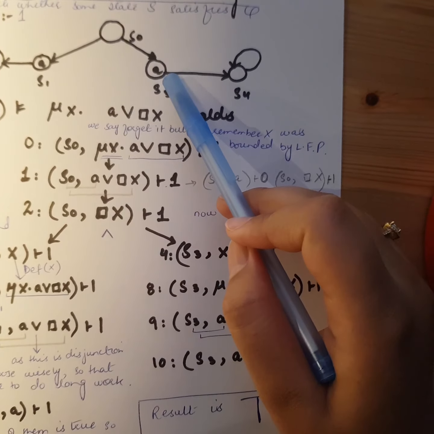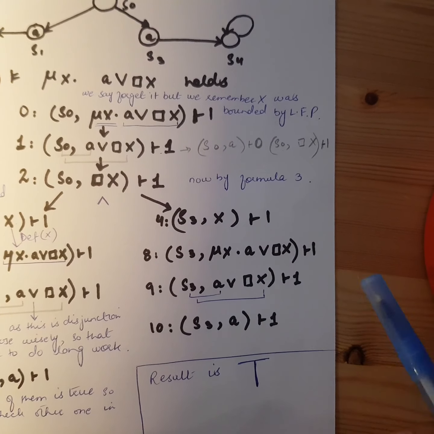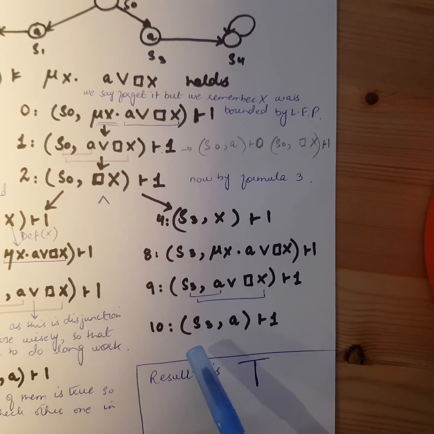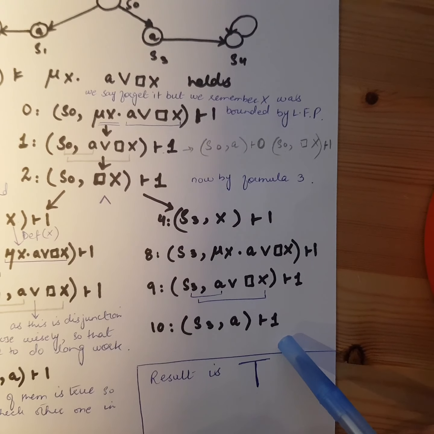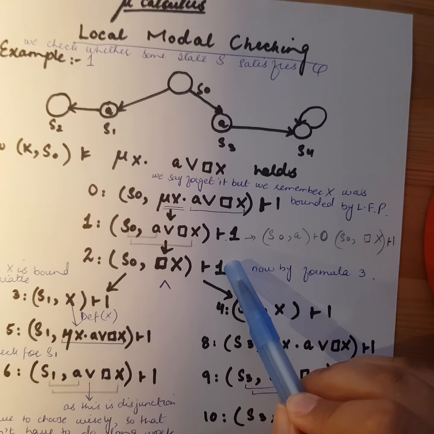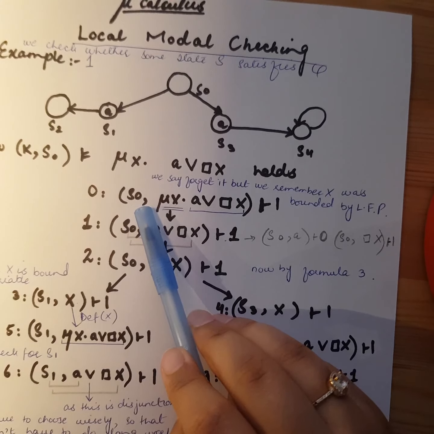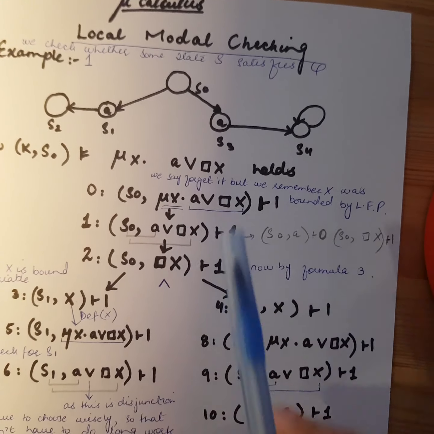S3 has an a inside, so we don't have to check S3 and ◇x. We already have a true, so S3 and a, the answer is true. So we get true up here, and this means that S0 satisfies this formula.